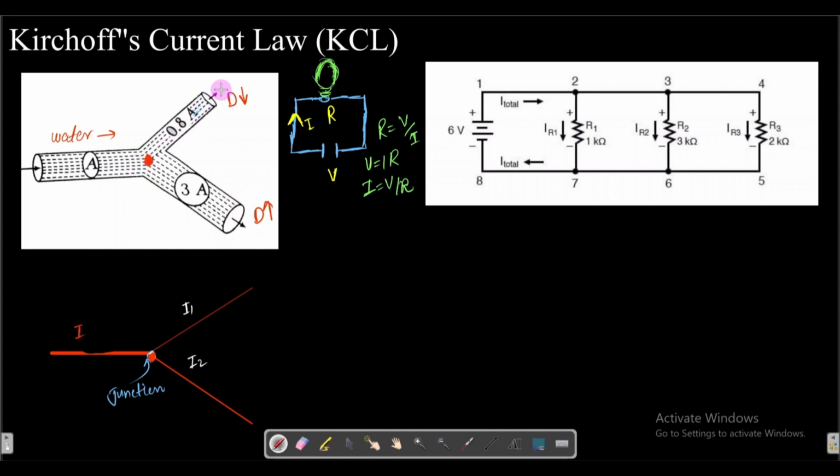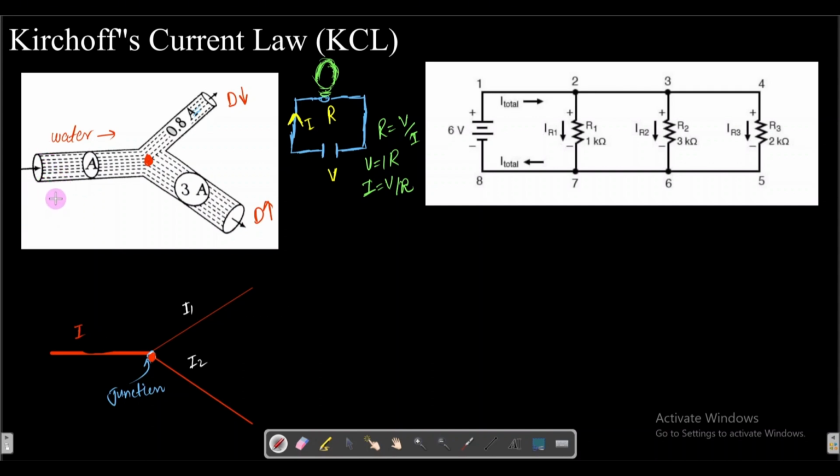Some of the water will go in this pipe and some will flow in this pipe. The amount of water in each pipe depends upon the diameter of the pipe. Here the diameter is less, therefore less water will flow in this pipe as compared to this pipe. The same analogy holds for the current as well.